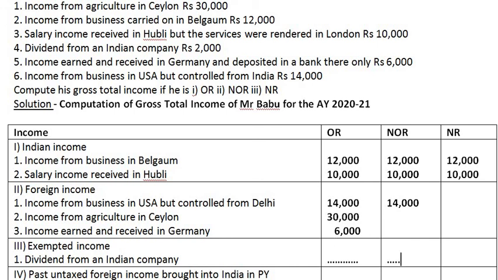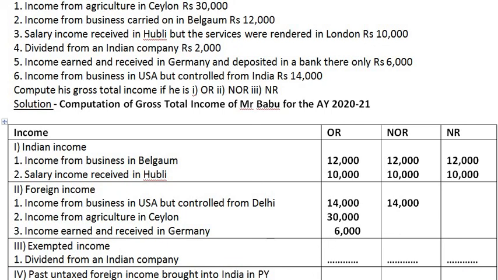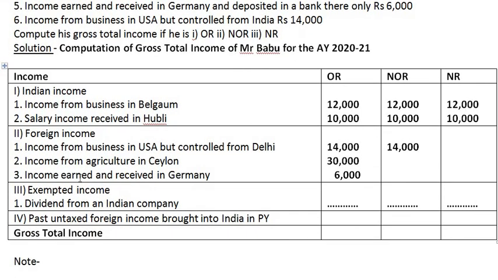So I am just leaving the amounts blank as we are not considering it while computing total income. I hope you have understood this. Dividend from Indian company is an exempted income.